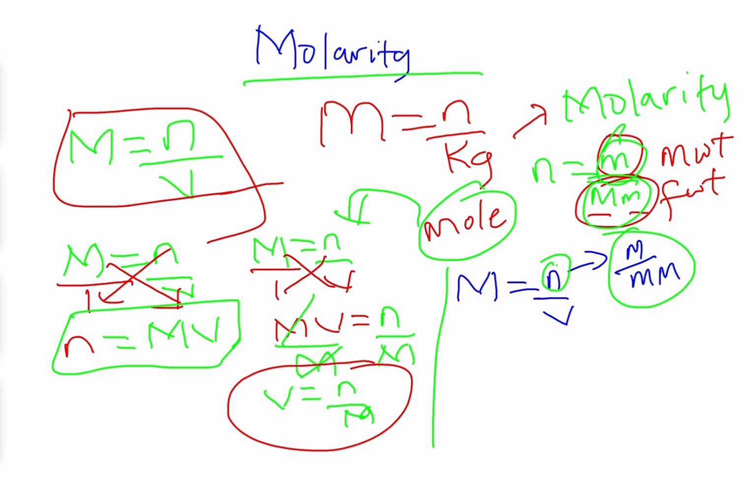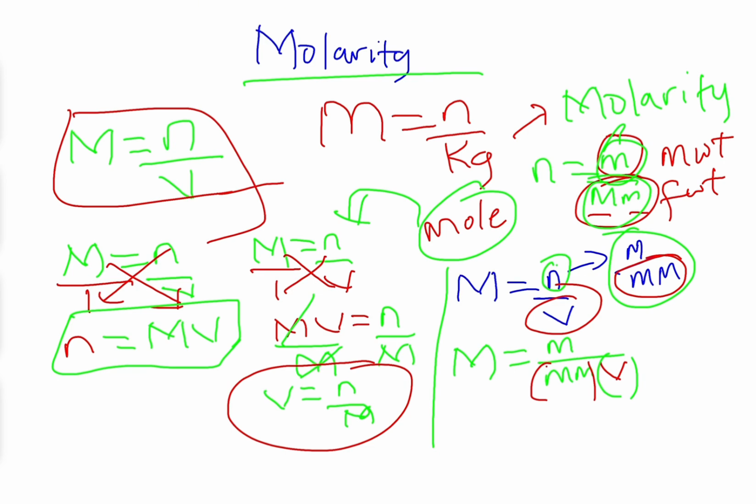So our new formula will now be molarity is equal to mass divided by molar mass times the volume, because this volume is in the denominator, like this molar mass is also in the denominator. So it should be placed right down here, or maybe you could just place the parenthesis. It means times.